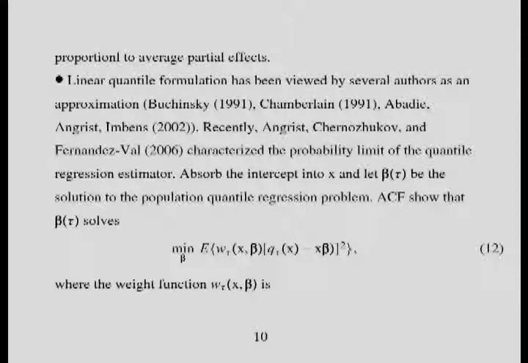Until recently, Angrist, Chernozhukov, and Fernandez-Val have this nice paper where they characterize the probability limit of the quantile regression estimator when the true quantile is not actually linear. So just to simplify the notation a little bit, put the intercept back into x, so I can just write x prime beta here. And then this is the true conditional quantile function, q sub tau of x.